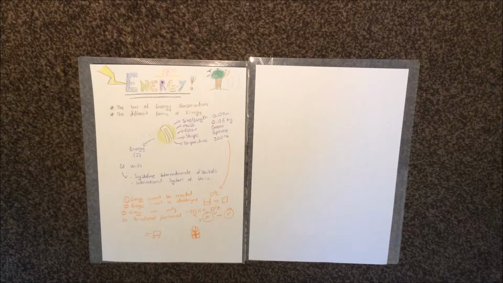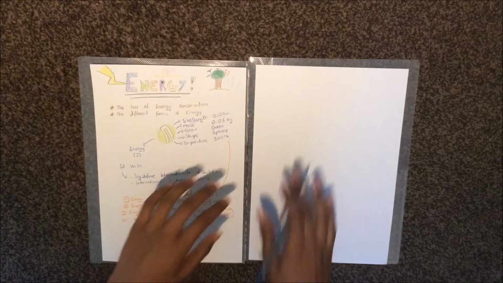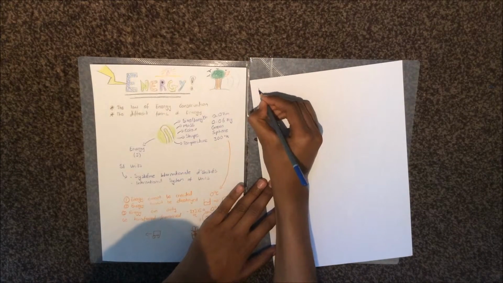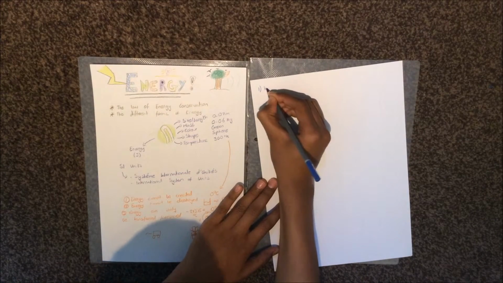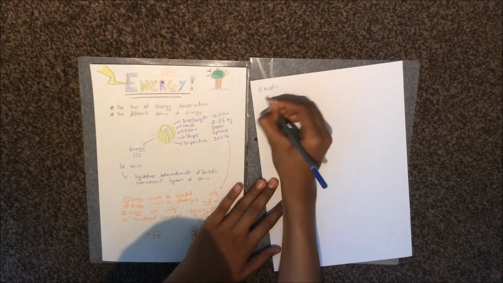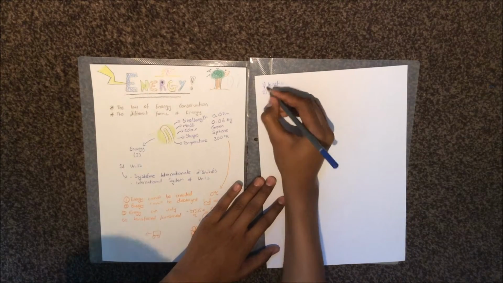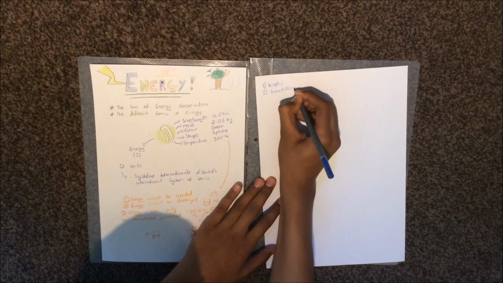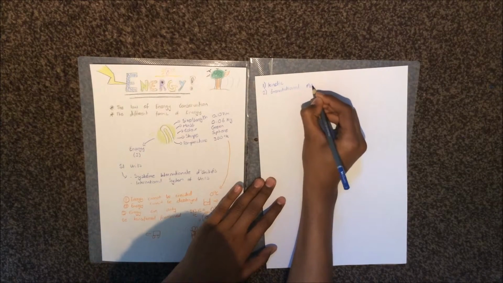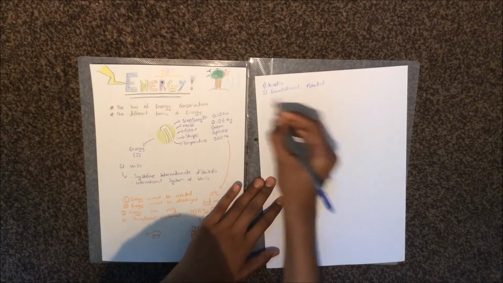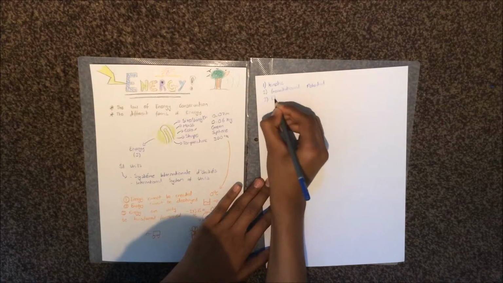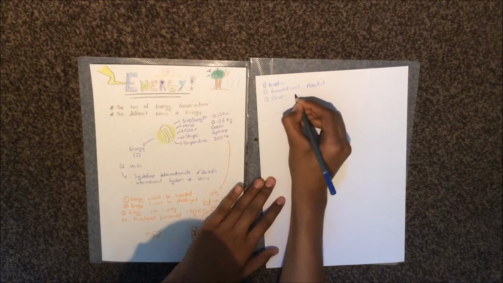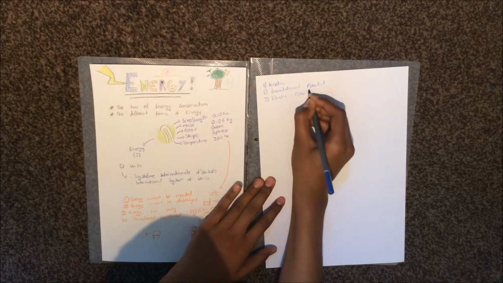And those different forms are as follows. I'll write them all down and then I'll explain them to you in a minute. So, we'll go through them one by one. We have kinetic energy. We have gravitational potential energy. We have elastic potential energy.